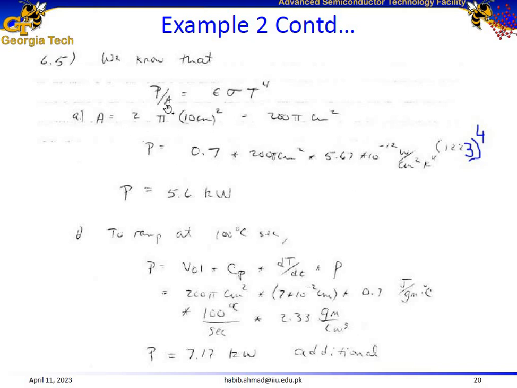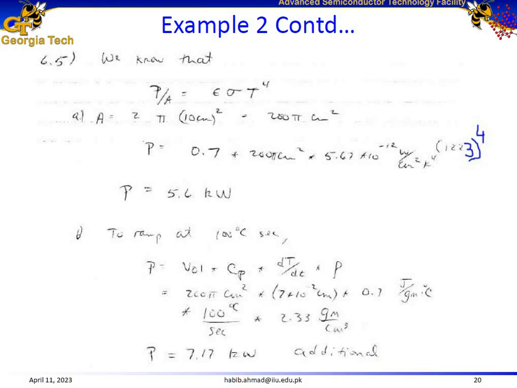So then power is equal to area, which is given over here, times emissivity, which is given in the example as 0.7, times temperature to the power of 4. Convert temperature from 950 degrees C to Kelvin, which comes out to be 1223 Kelvin to the power of 4. So the power necessary for this heat flow mechanism via radiation is 5.6 kilowatts.